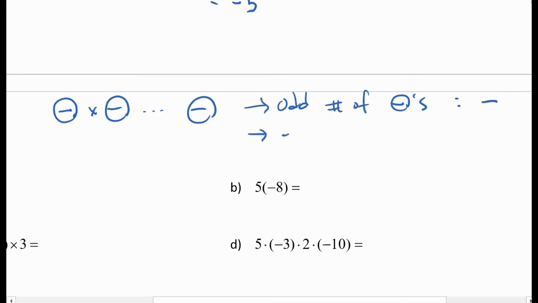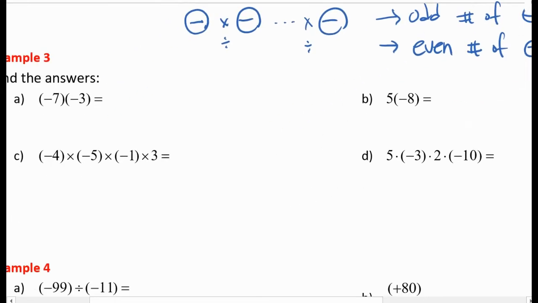When you have an even number of negatives, that is positive. Same thing when you divide: with an odd number of negative signs, you get negative, and with an even number of negative signs, you get positive.